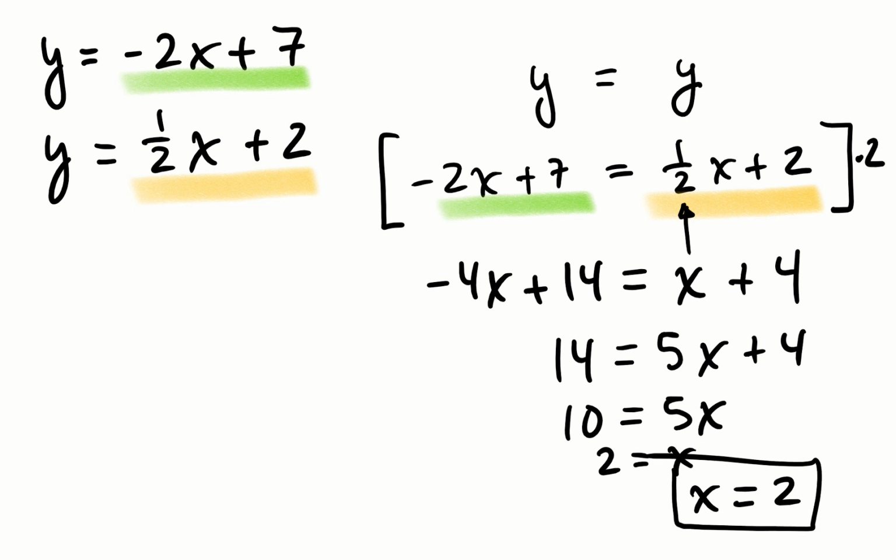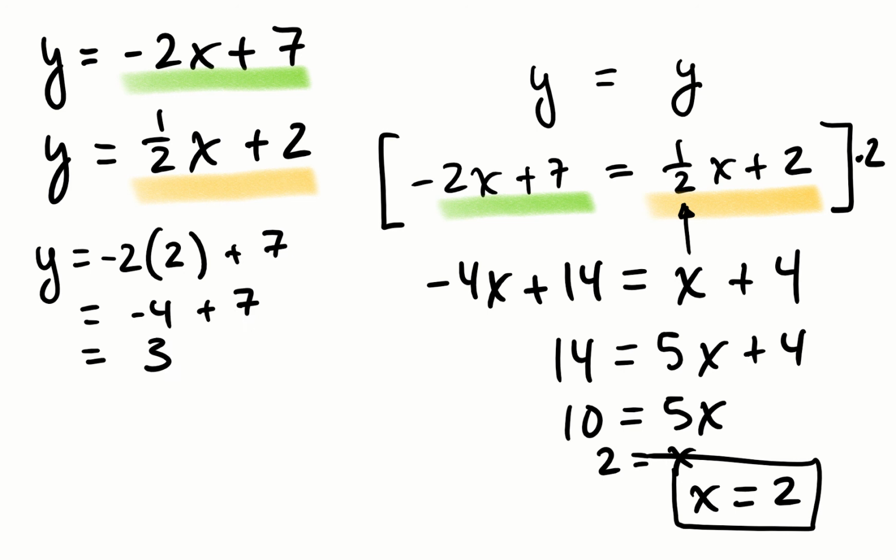Now that I know what x is, I need to figure out y. And again, I use both equations just as a check because I should get the same value of y from both equations. From that top equation, I get y is equal to negative 2 times what I found x to be, 2, so I'm plugging in 2, plus 7, y equals negative 4 plus 7, y equals the number 3.